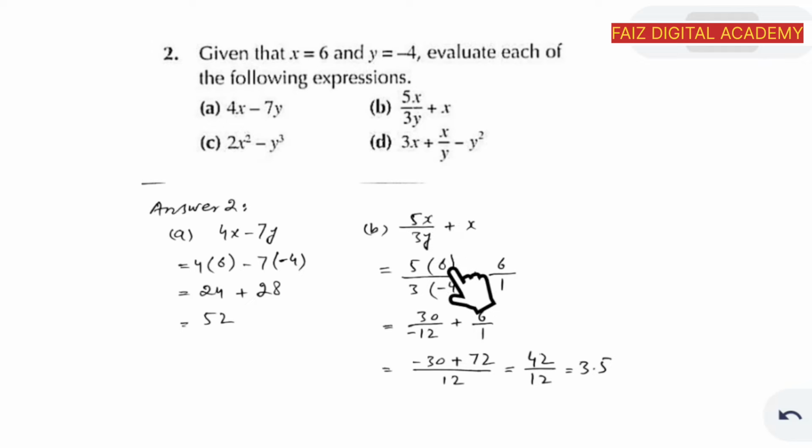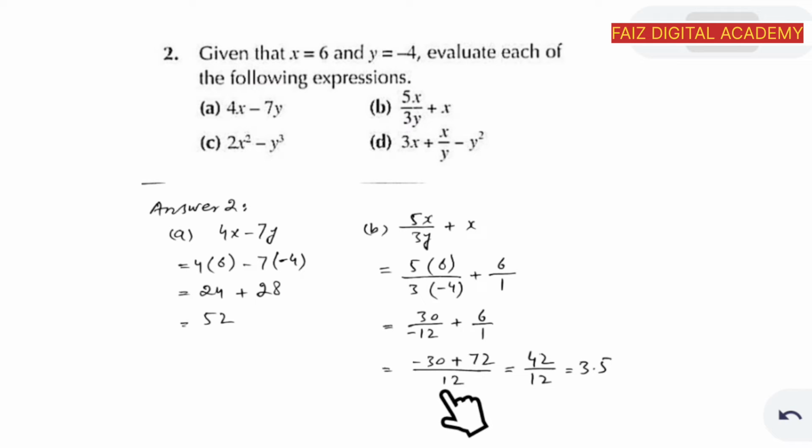In place of x we write 6, and in place of y we write minus 4, and because 5x means 5 multiplied by x and 3y means 3 multiplied by y, we write these terms in the multiplication form, and in the next step we multiply them, and we also write the value of x, which is 6, over here, and because there is no denominator, we will write 1 as a denominator of the 6, and both of these fractions are solved by taking the LCM.